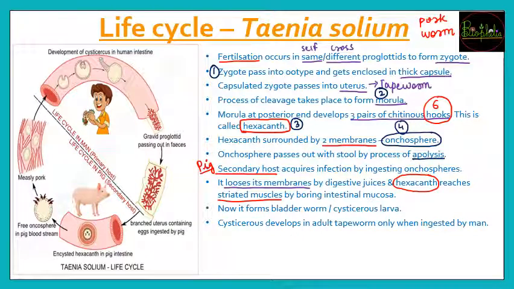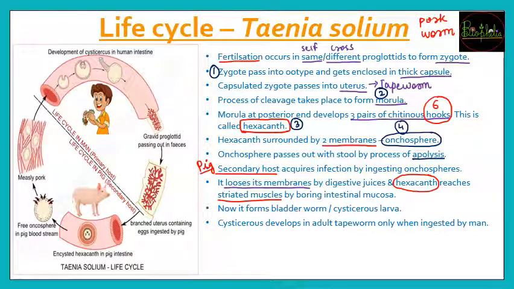Okay, if you try to understand this, they are not going to be in single numbers. ये जो oncospheres होंगे वो बहुत सारे numbers में ingest हो जाएंगे because they are small microscopic structures. So एक साथ जब इतने सारे hexacanth start to drill the intestinal mucosa, the animal is going to be in extreme abdominal pain. So this abdominal pain is because of the boring of the intestinal mucosa.